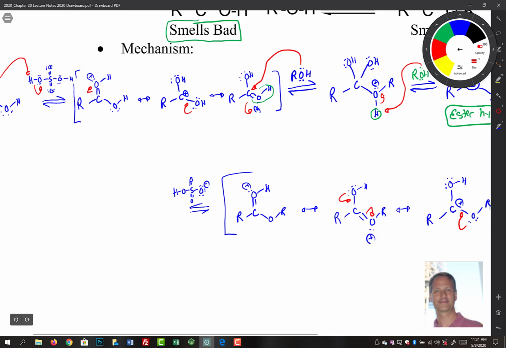Let's come around here and grab that H, and then voila. What you get there is your sulfuric acid back, so it's catalyzed here. And then now you have your ester.